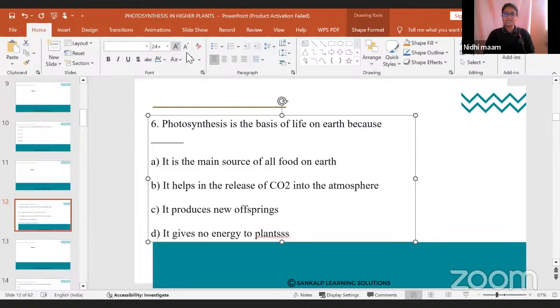It helps in release of carbon dioxide into the atmosphere. Good, Damanna answered it. It produces new offsprings. It gives no energy to plants. What is your response on this? Photosynthesis is the basis of life on earth. Madan Nayak, Shashank, Jayashri, Bhuvan answered it.